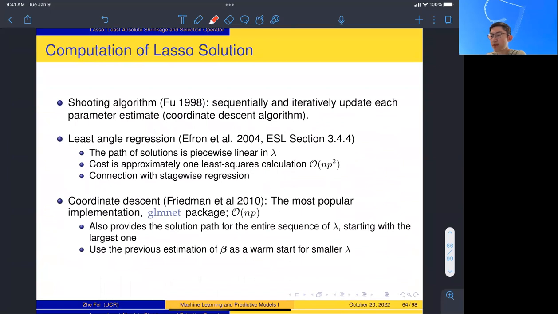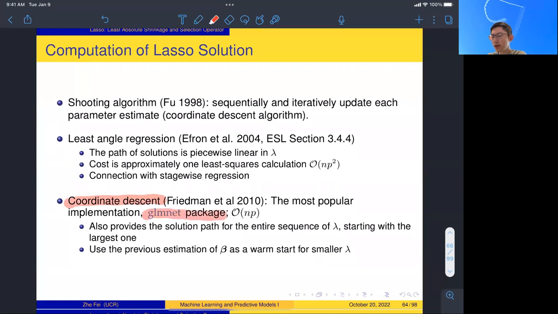There are several different algorithms in terms of the computation of the lasso solution. If you are interested, there is more reading material, but that is optional. You could go into more details for these computational algorithms. Some are faster. I believe currently the most widely adopted is the coordinate descent algorithm.